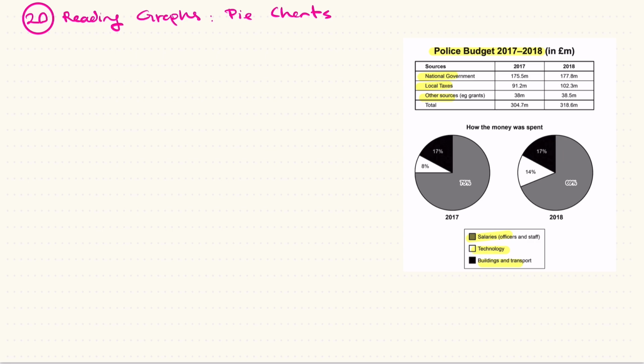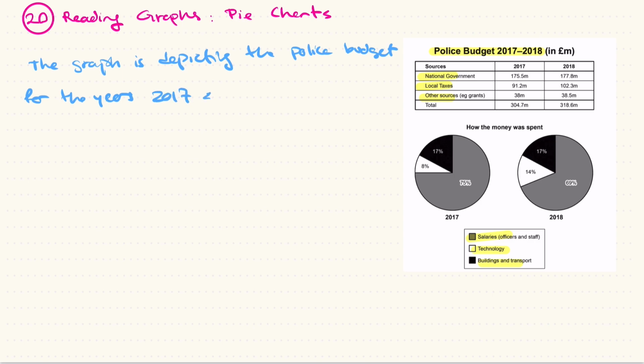So you can start like this. You can write that the graph is depicting the police budget for the years 2017 and 2018.